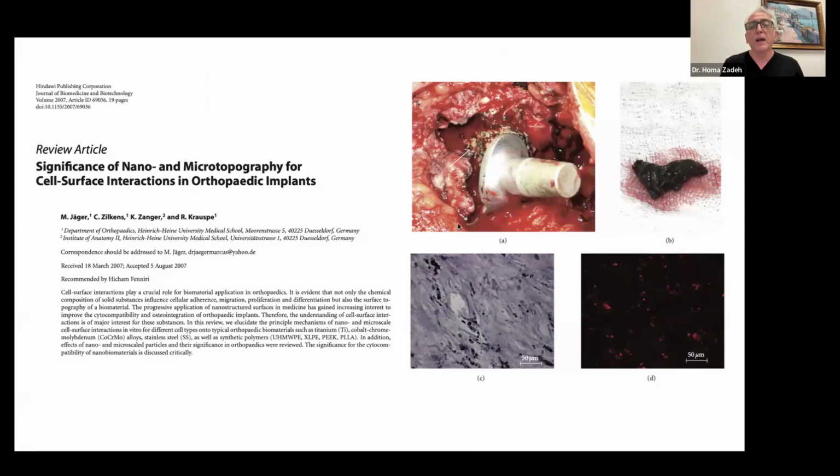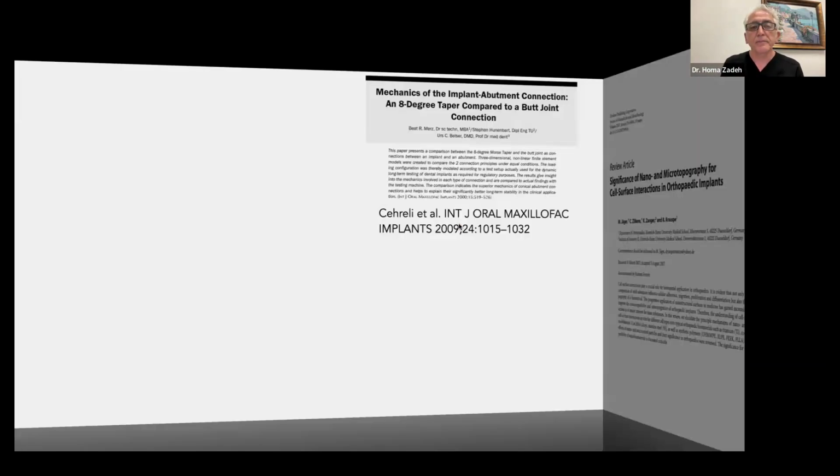So we became aware that the same thing could happen to implants, causing peri-implantitis, by releasing these very small titanium particles. So it's really important to have a very stable implant abutment connection to avoid this kind of metal on metal grinding that could lead to this metallosis phenomenon.